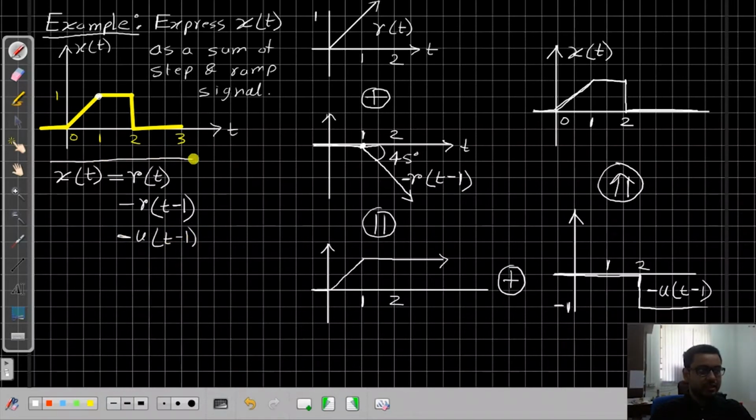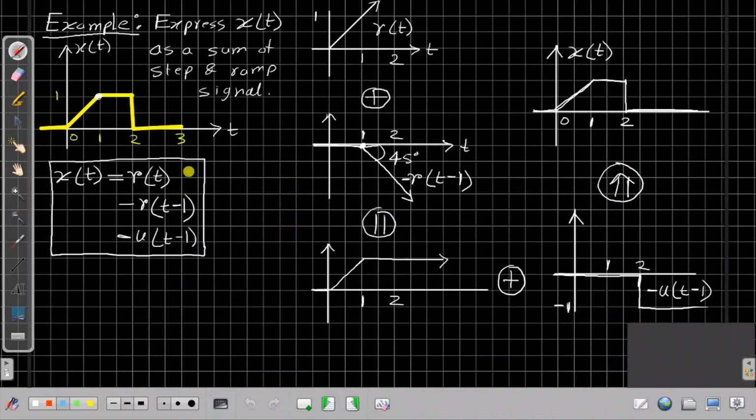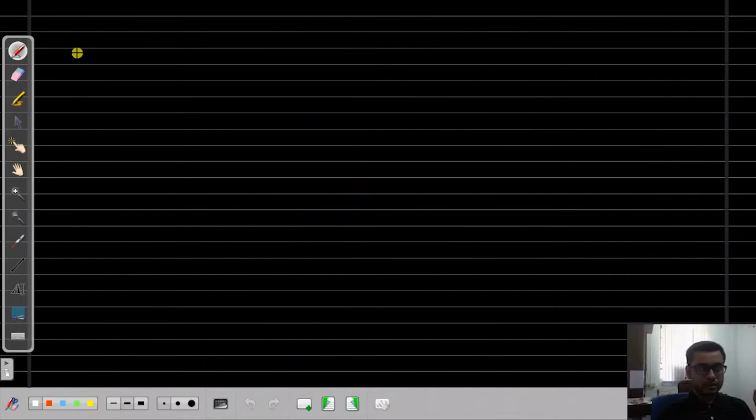So this is the answer. And this way you can express any piecewise linear signal as a sum of ramp and step signals. My mistake. Here it should be t minus 2. And here as well, t minus 2.